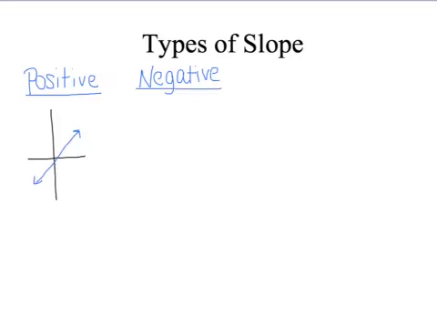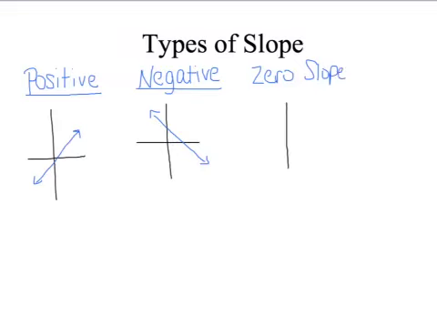If you have a negative slope, it means that your line is decreasing from left to right, so it's going down. Slope could be 0. And if you have a slope that's 0, it means that you have a horizontal line. In this case, all horizontal lines have a slope of 0.